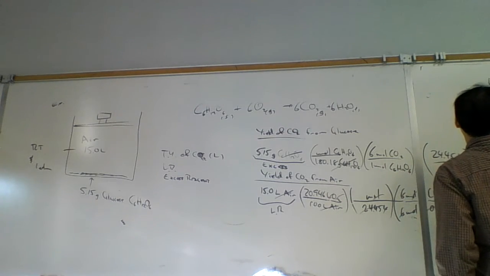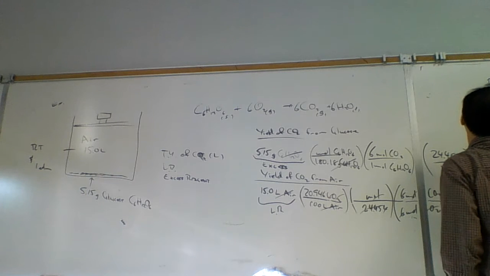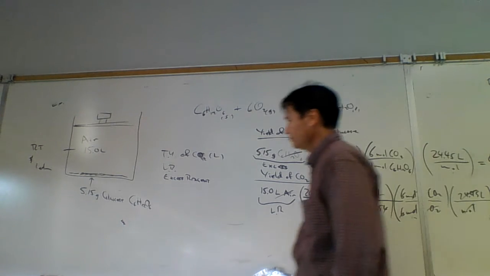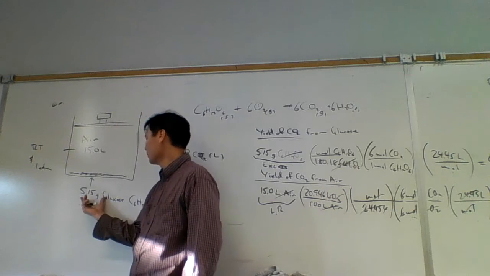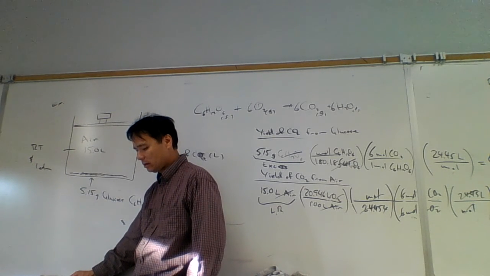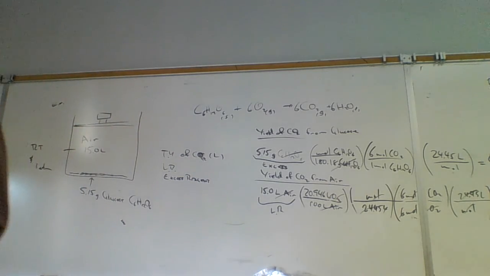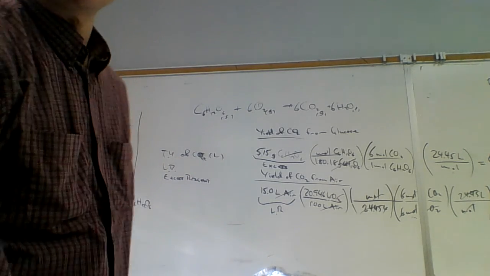Can you calculate the excess glucose that remains unreacted? In other words, the excess glucose remaining. How many more grams of glucose do we need to combust, or how many grams of glucose are left over? Can you go ahead and do that calculation?